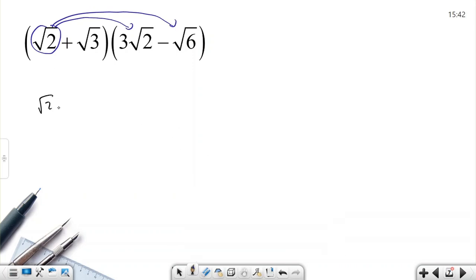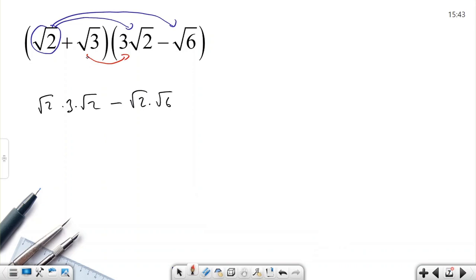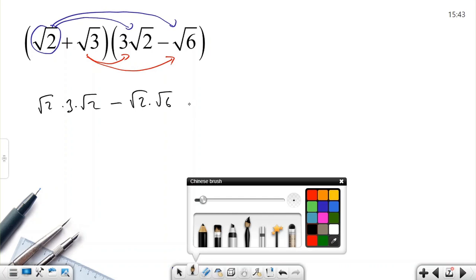Square root of 2 multiplied by 3 multiplied by square root of 2. Then minus, because a positive multiplied by a negative number will be negative, square root of 2 multiplied by square root of 6.